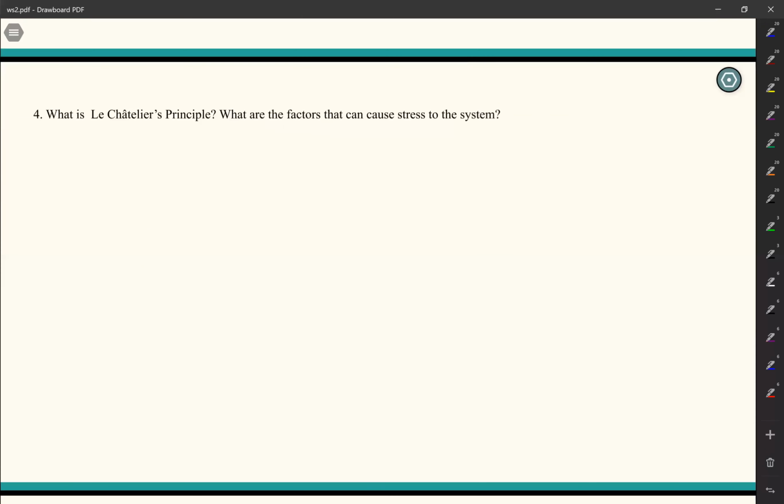So for our last question, what is Le Chatelier's principle? What are the factors that can cause stress in the system? Remember that Le Chatelier's principle is basically trying to relieve stress, always knowing that a reaction that has a chemical equilibrium will always try to move towards the chemical equilibrium in a way that relieves stress.